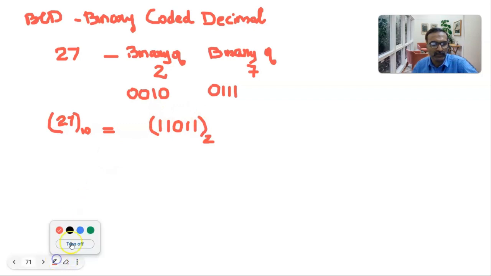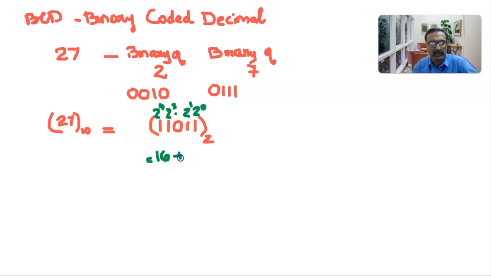Hope you remember place value: 2 raised to 0, 2 raised to 1, 2 raised to 2 is not there, 2 raised to 3, and this is 2 raised to 4. 2 2s are 4, 2 4s are 8, 2 8s are 16, plus 2 raised to 3 is 8, plus 2 raised to 1 is 2, plus 1.